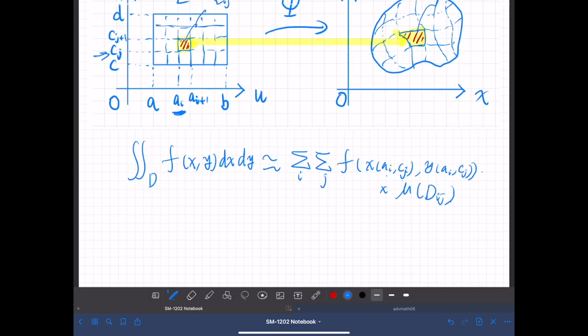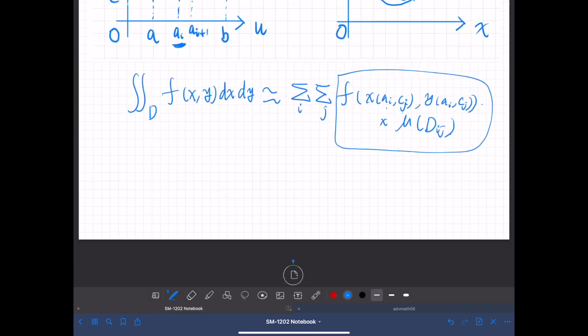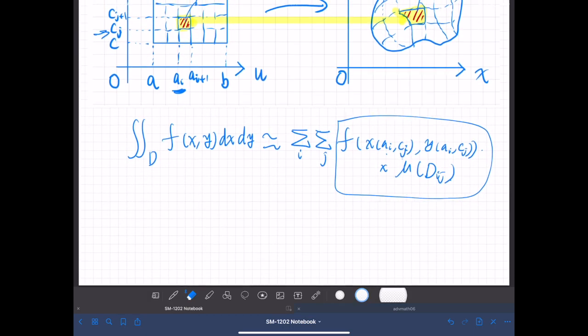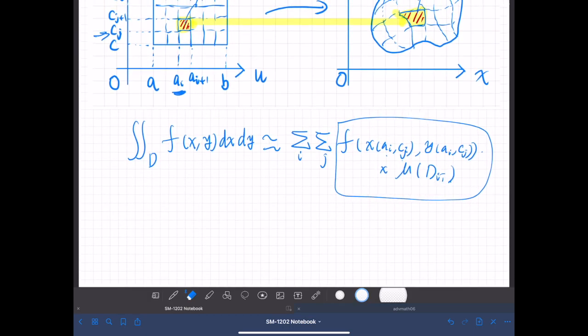What this quantity means is the volume of some solid with the base Dij and the height f of (x,y). So this is the height and this is the area of the base of the shape.